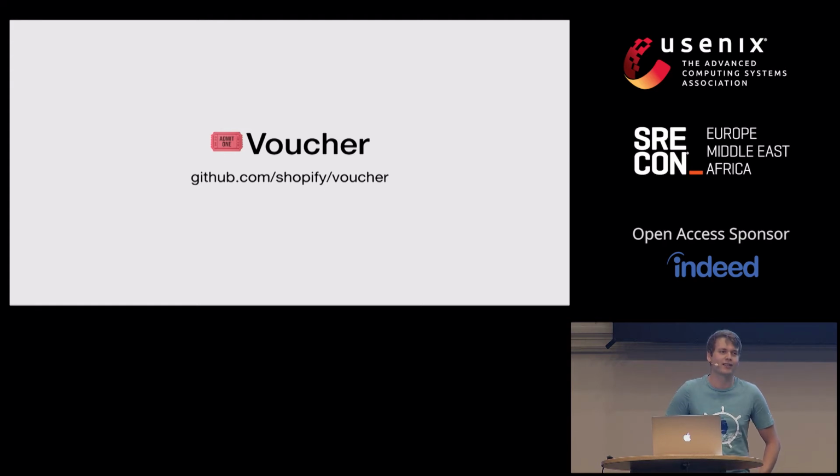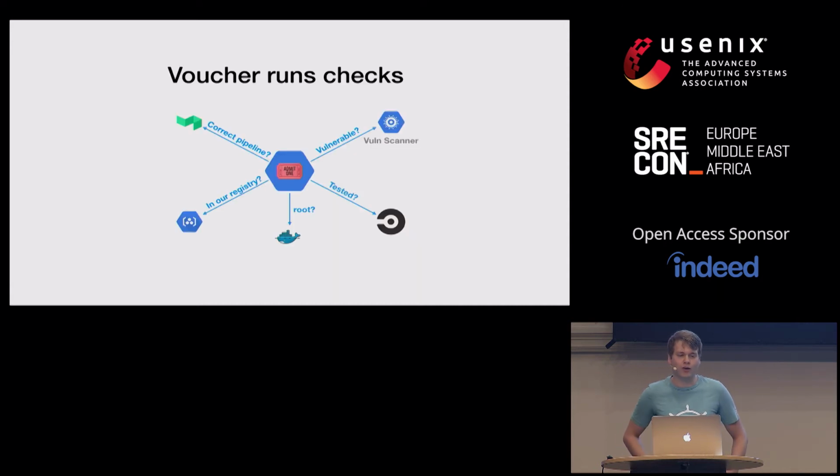An attester is a piece of software or a human that takes a look at an image, finds out whether it's OK or not, and then creates a signature for it. So what does Voucher do for you? Currently, we have a couple of checks enabled in Voucher.